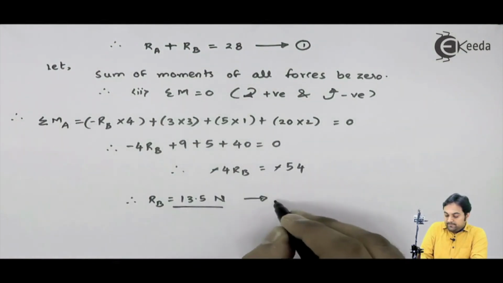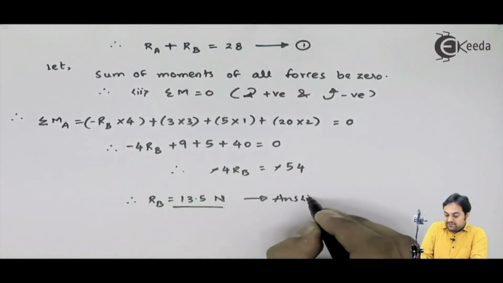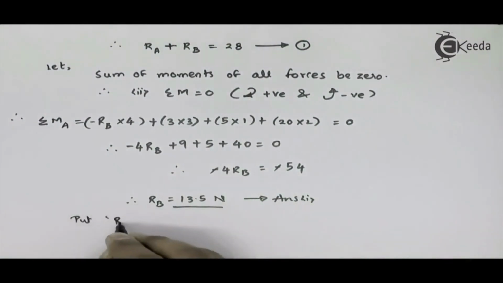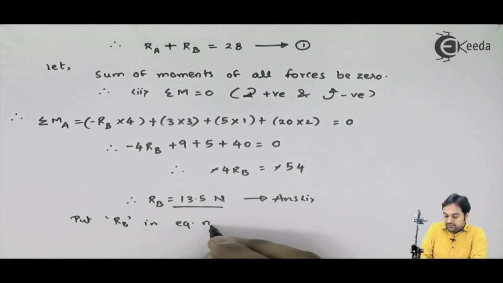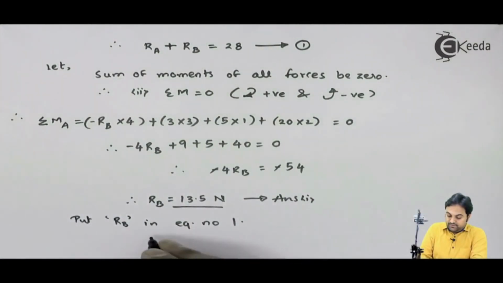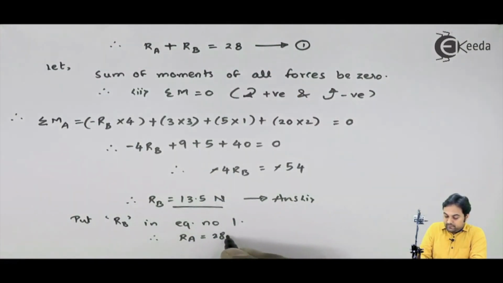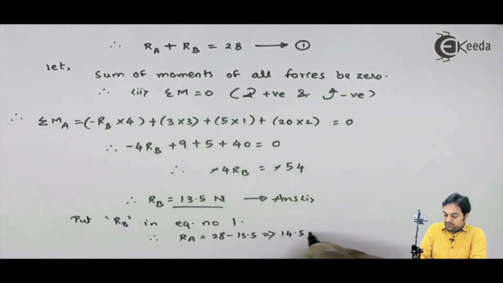Then this becomes my first answer. After this, I'll put RB in equation number 1. Therefore, RA will be equal to 28 minus 13.5, and hence RA comes out to be 14.5 Newton.